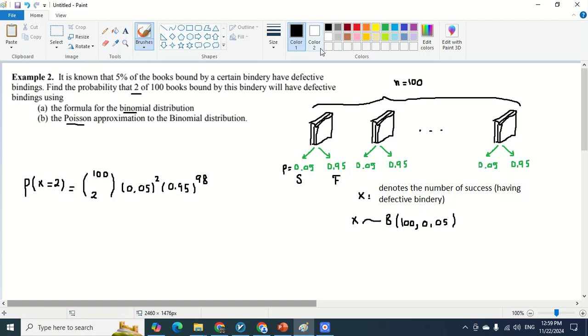Now, if I want to approximate that value by using the Poisson distribution, then we should check something. First of all, n is 100, and it should be big, somehow tending to infinity, and the probability of success is 0.05.